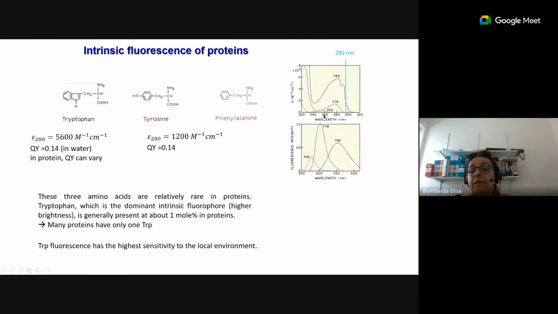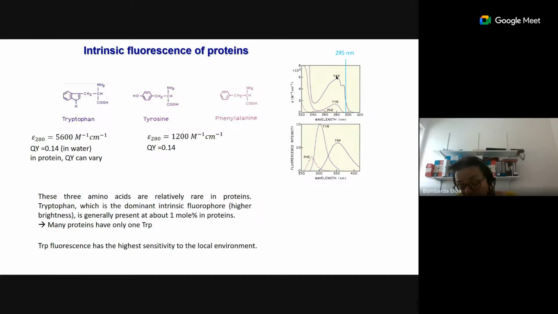So you see 260 and 300, it's this part of the absorption spectra of tryptophan. So what could happen according to what we know? There can be resonance energy transfer between tyrosine and tryptophan.